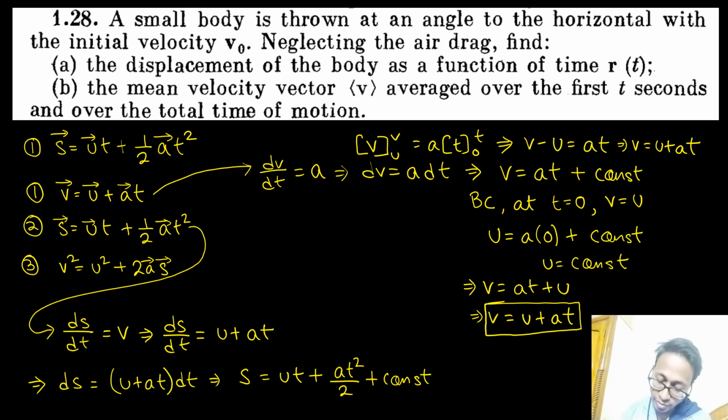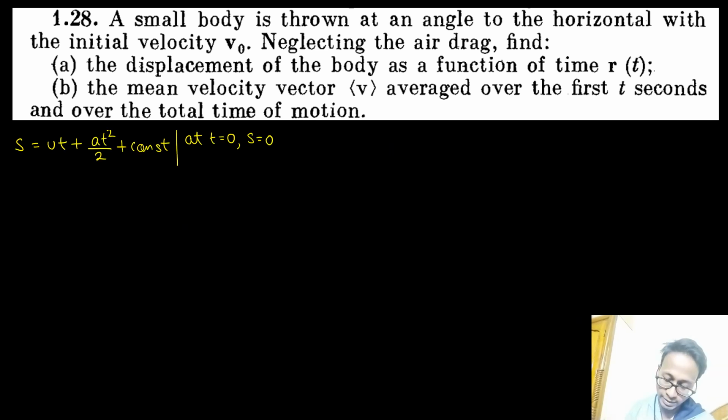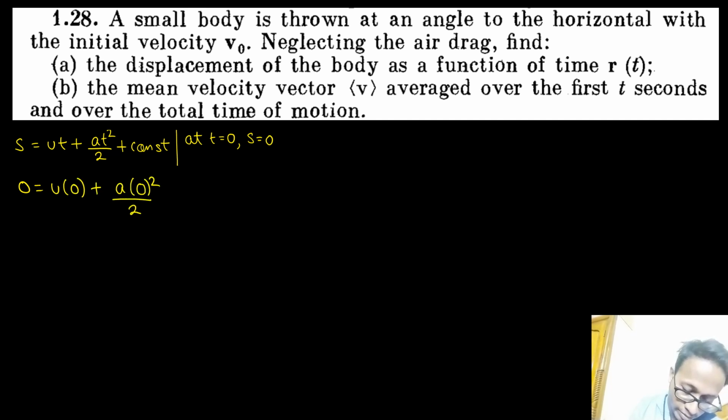Now what is the boundary condition here? The boundary condition is that at t equals 0, displacement is equal to 0. So when you put the value of t equals 0 and s equals 0, we get the value of constant to be 0.